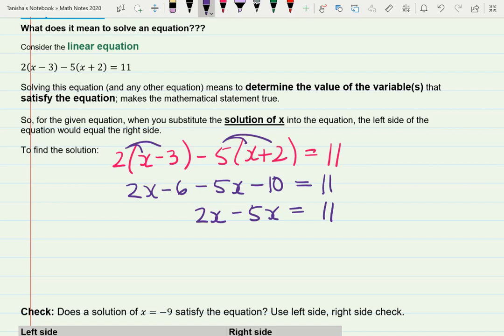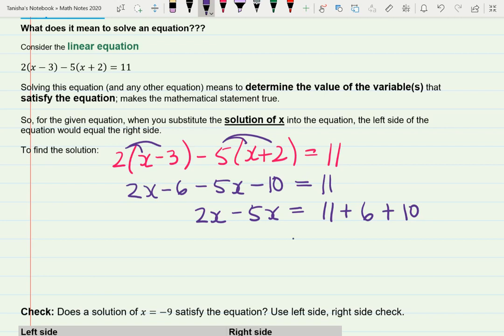When I bring my constants over to the right side of the equation, remember the sign is going to change from subtraction to addition. So instead of having a negative 6, now I have a positive 6 on the right side. Instead of having a negative 10, I'm going to have a positive 10 on the right side.